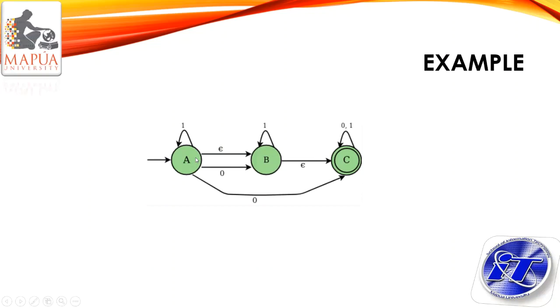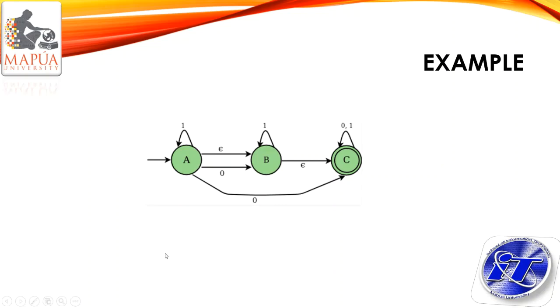There's a transition of epsilon wherein it could move from A to B without any symbol, same with B to C. If we want to convert this into an NFA or DFA, we need to consider all possible paths.